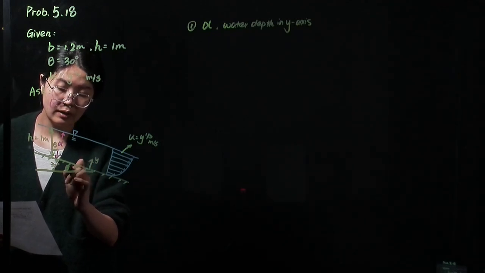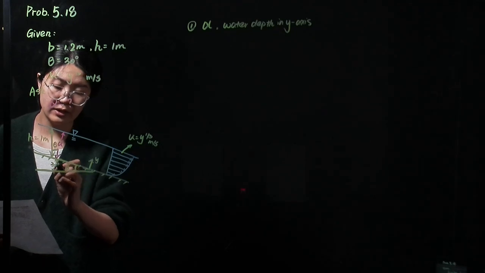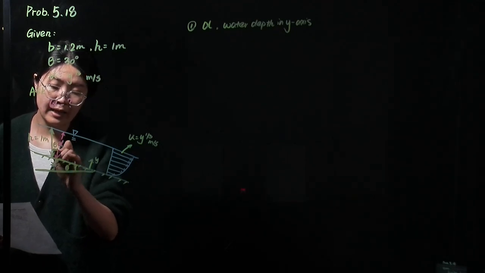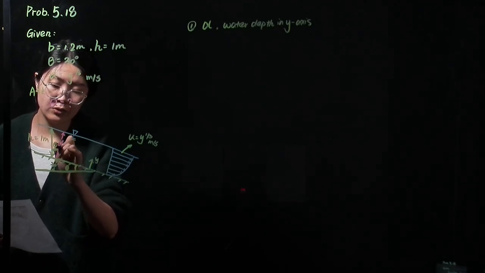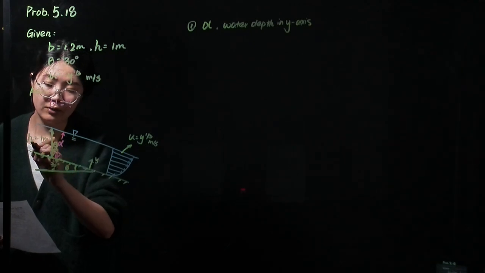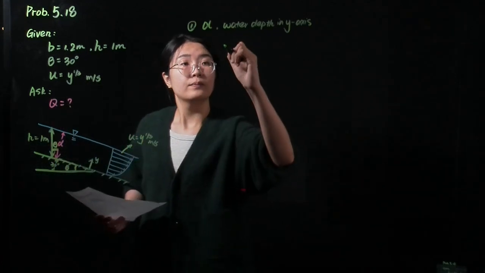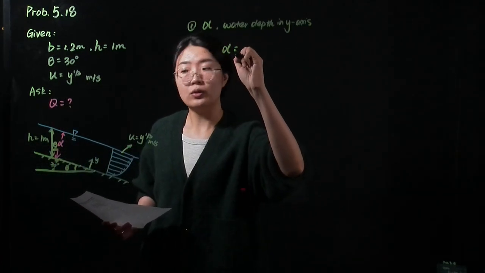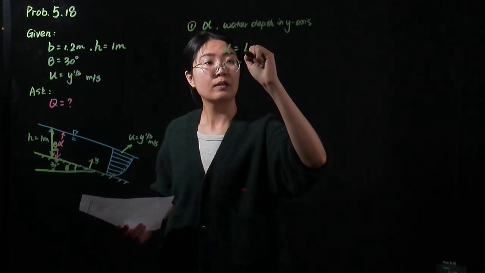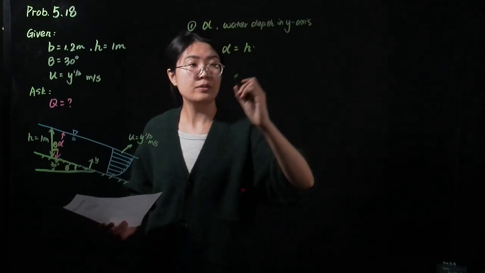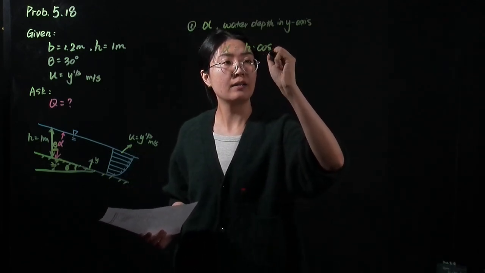We know this angle equals 30 degrees, so the angle here should also equal 30 degrees. And we already know h equals 1 meter. So the D should equal h times the cosine theta.